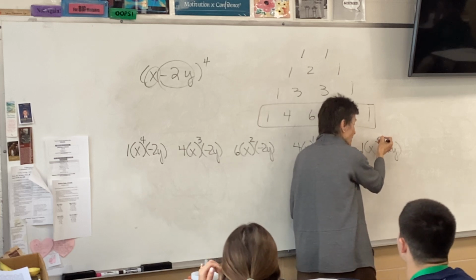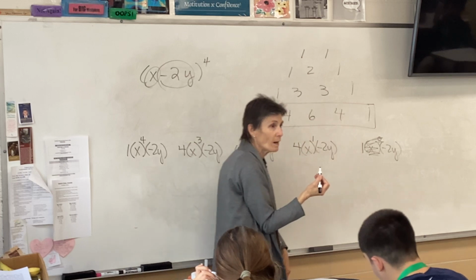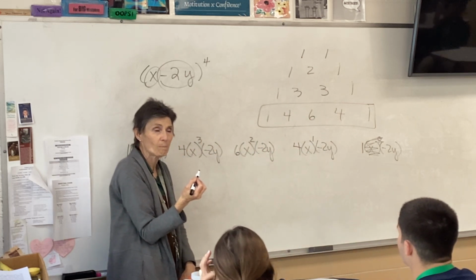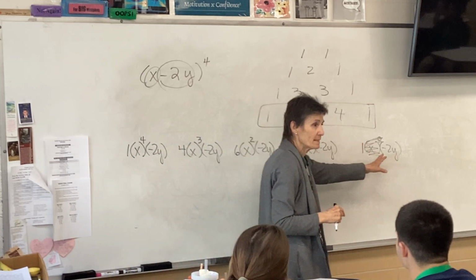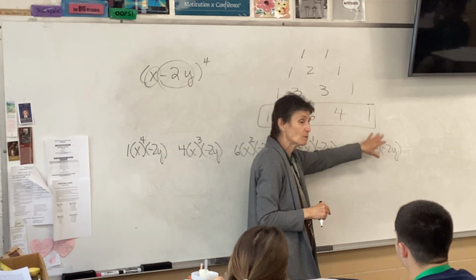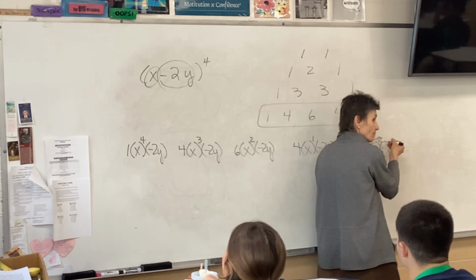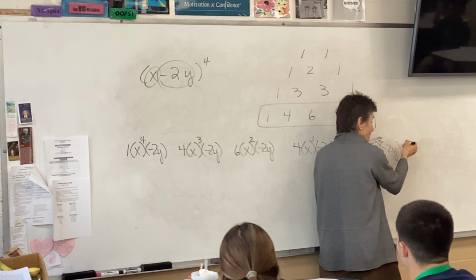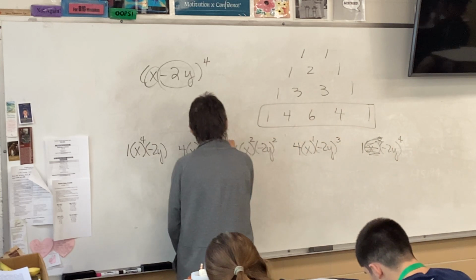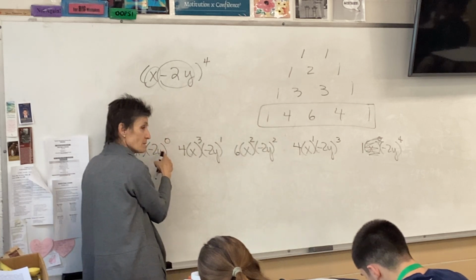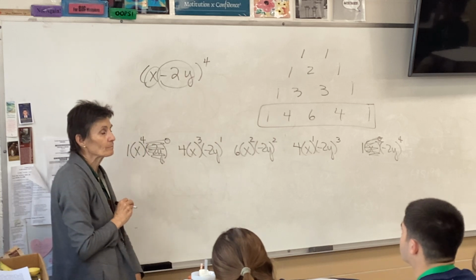And while I'm here, I'm just going to scribble that one out, because what is anything to the 0 power? 1. And when I multiply by 1, it has no impact. So I don't need to worry about that one. All right, so here I'm standing right here. What's going to be the power on that guy? 4, 3, 2, 1, 0. Whoop, here's another 0, so cross that one out. Don't need that one.